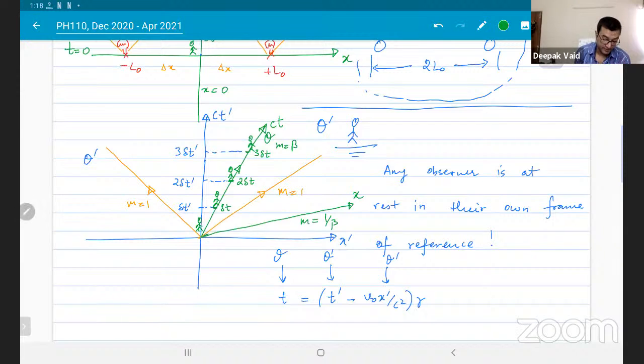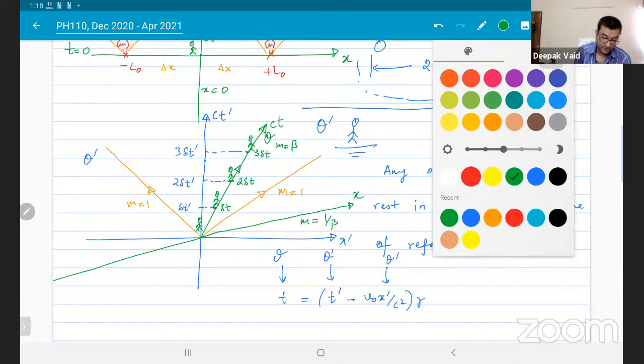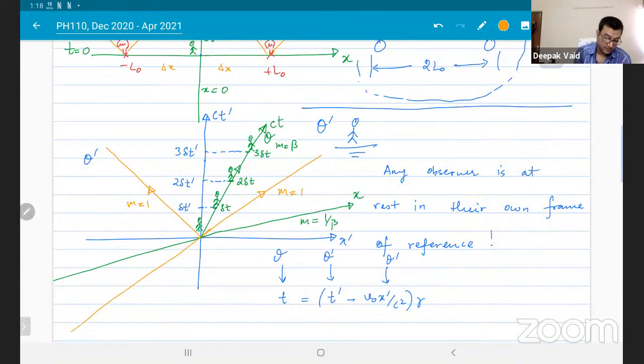If I extend it in the other direction, it goes like this. These are the light lines. This is the time axis. This is the space axis of this observer.